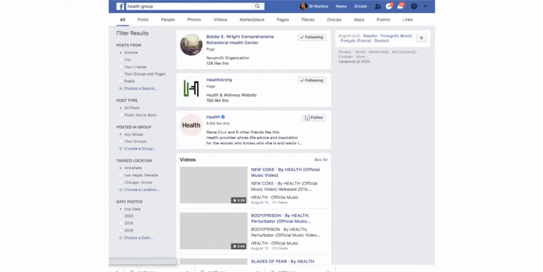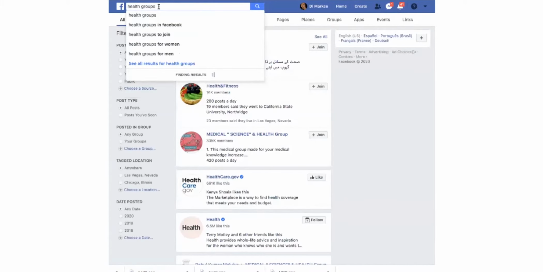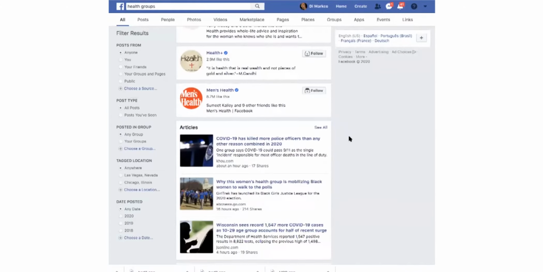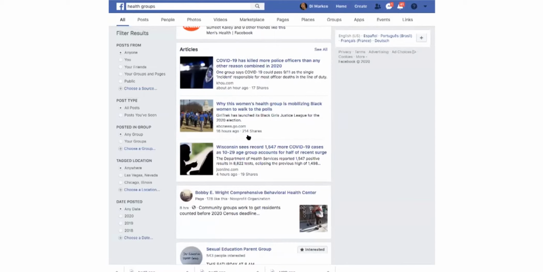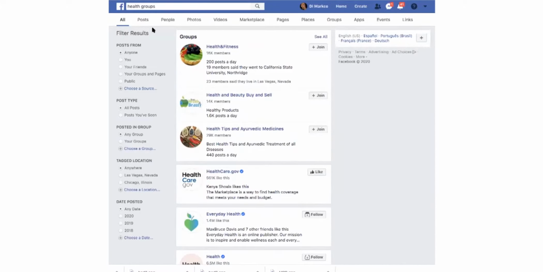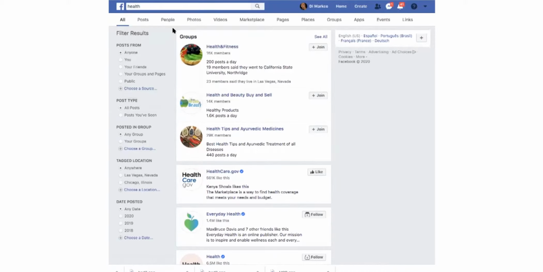Health groups. You do get some health groups, and then you get articles and all kinds of stuff if you do it that way. So this is not the way you would look for a group. The way you would look for a group is to put the word health in, and then come over, look at my mouse, over to the word groups and click that.